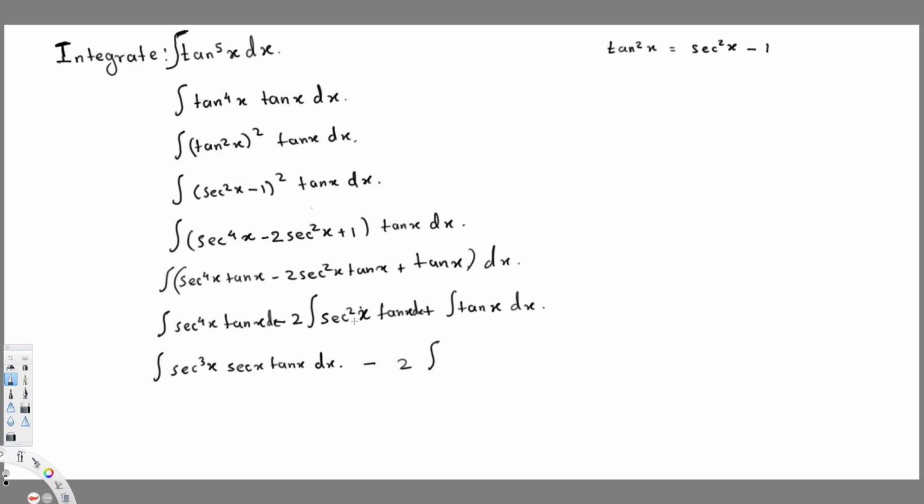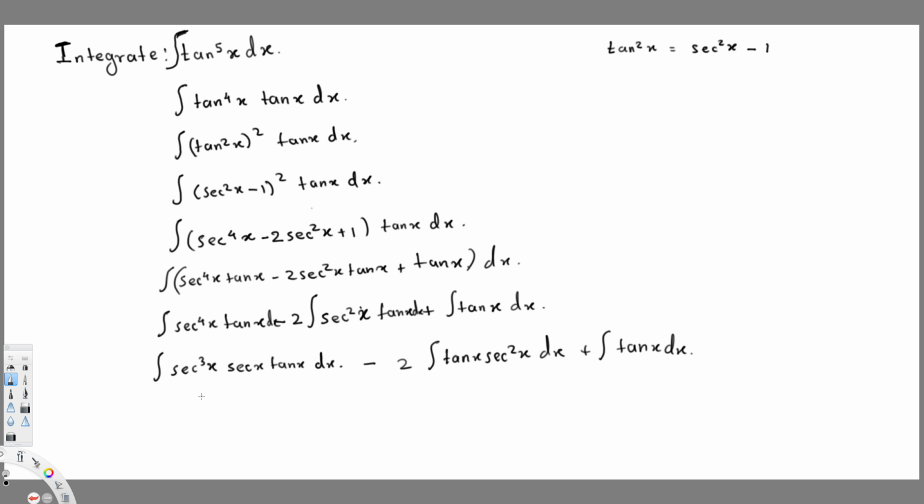For this one I can do the u substitution by rearranging it. If I take the derivative of tan x, that's going to be sec square x. So I can keep this one this way, but let's rearrange it first: tan x sec square x dx. And the tan x we can integrate directly, so let's keep it that way: the integral of tan x dx.